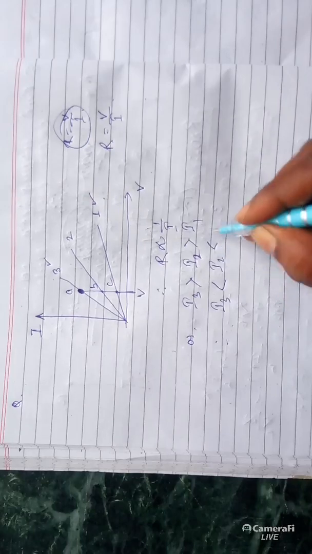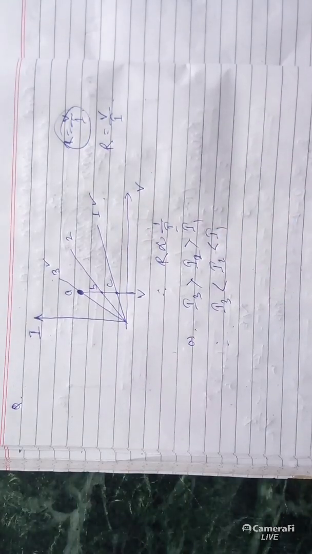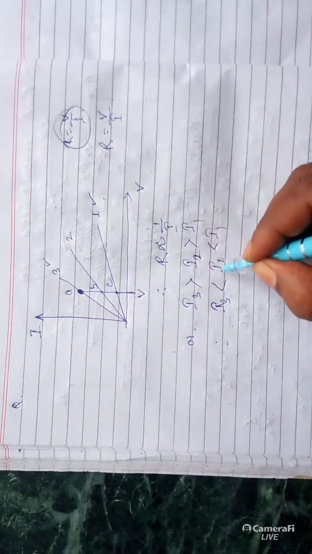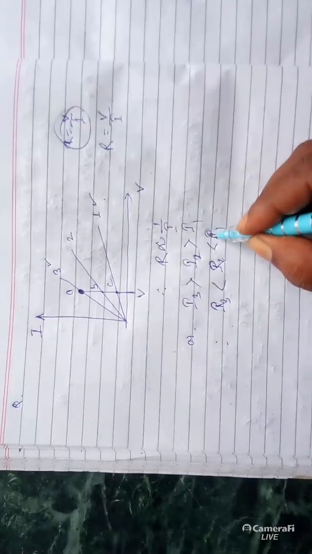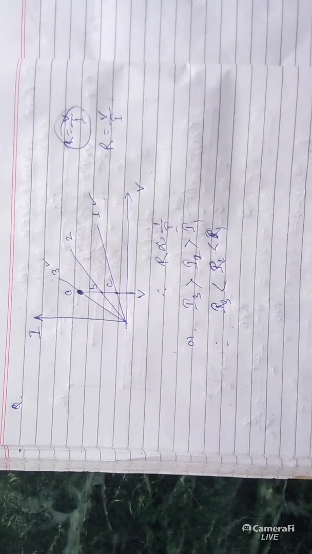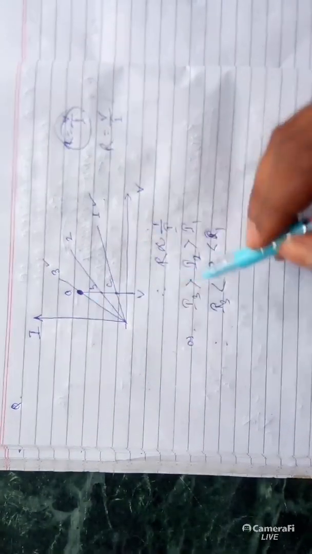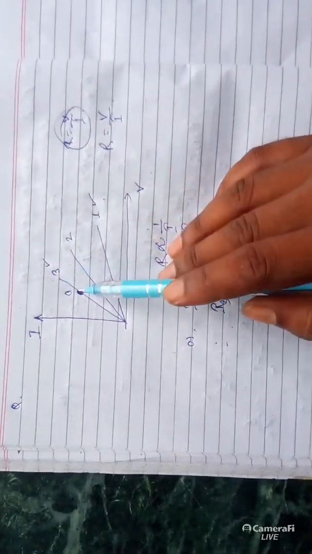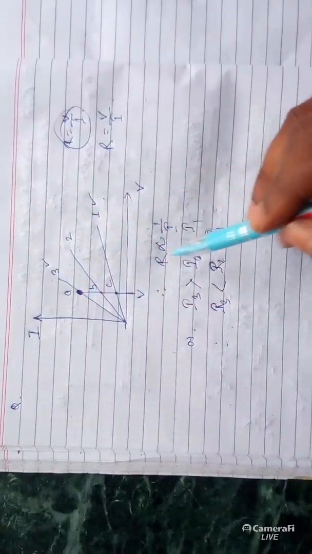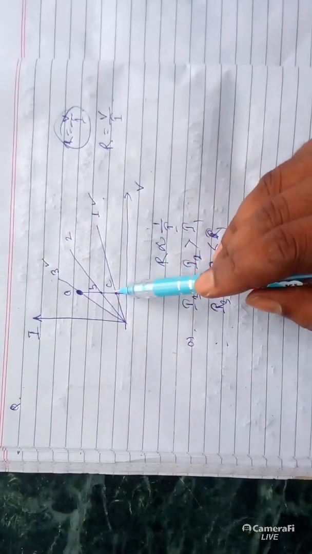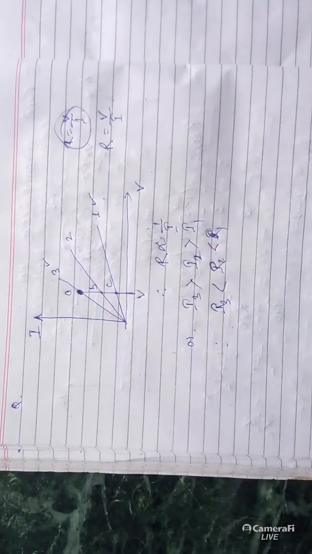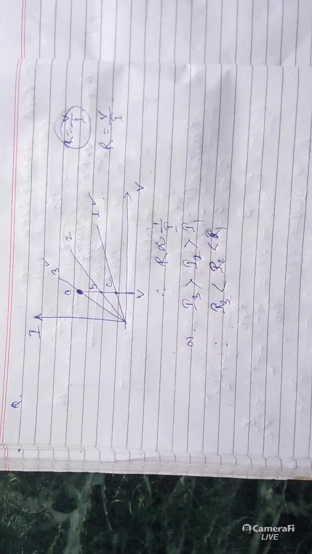Sorry, this will not be R. As R is inversely proportional to I, for graph 3 the current is greater, so resistance is less. For graph 2, the current is in between, and for graph 1 it is less. So an inverse relation is there. So resistance of 3 is less than resistance of 2 is less than resistance of 1.